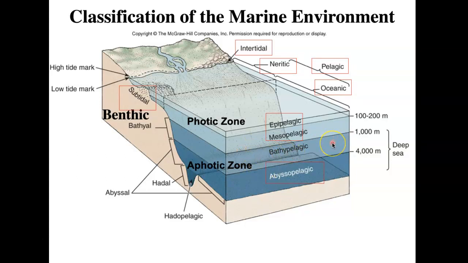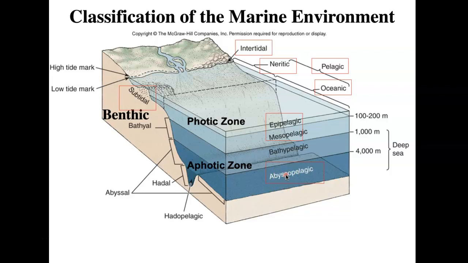We'll talk about what happens with the other wavelengths of light as they've dissipated up in these earlier layers. And then at about 4,000 meters down, you're into what's called the abyssopelagic. The abyssopelagic is what we consider our deep sea, and it's aphotic. Okay, so that means there's no light down there.